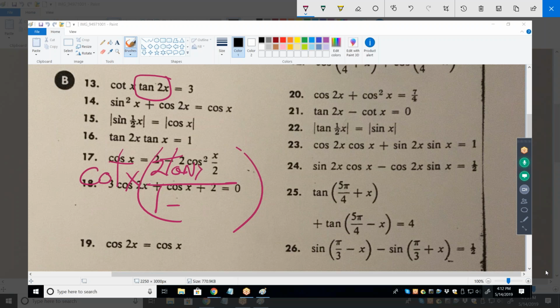The numerator is the same sign. In other words, I could have called this the tan of x plus x and used the sum and difference formula. When it's x plus x, then it's 2 tan of x in the numerator, and the denominator is tan of x times tan of x, so tan squared of x.